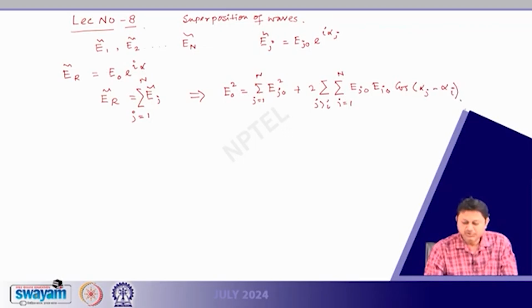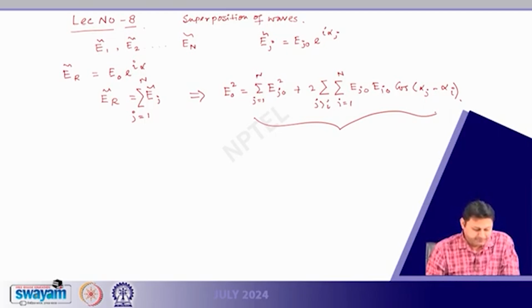That is the resultant amplitude one can have if I add these waves.